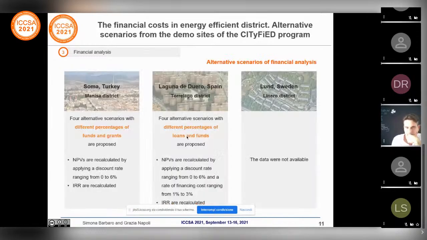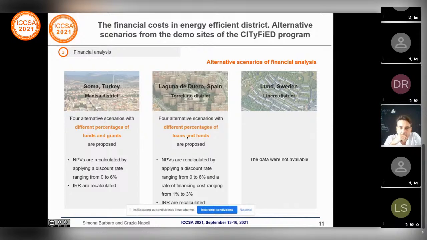The financial analyses were carried out for the Soma and Laguna de Duero sites, but not for the Lund site. For the Soma site, 4 scenarios were identified according to different compositions of venture capital and grants, in order to verify whether public funding at district scale is related to economic feasibility. The net present values are recalculated by applying a discount rate ranging from 0 to 6%.